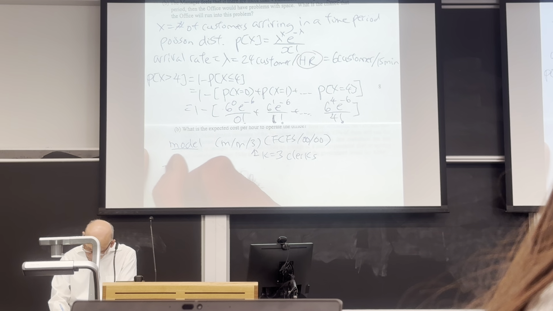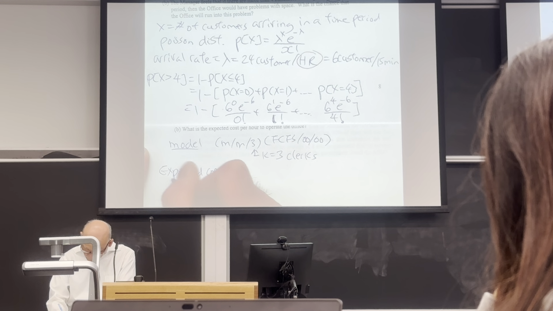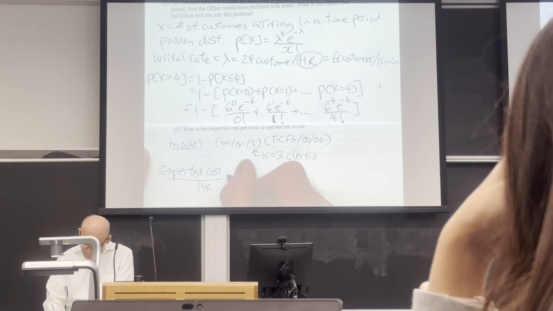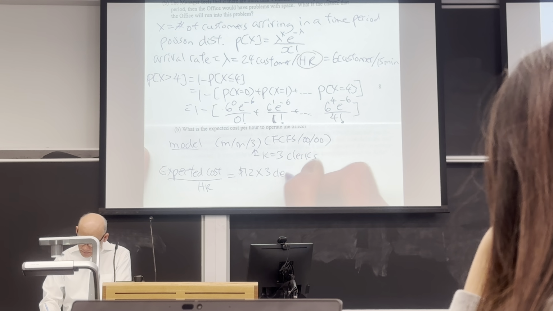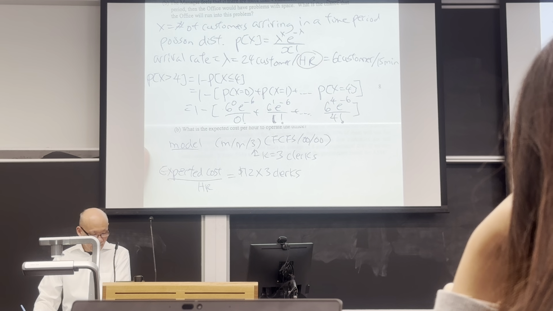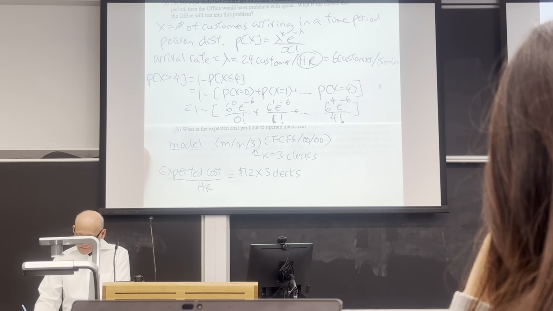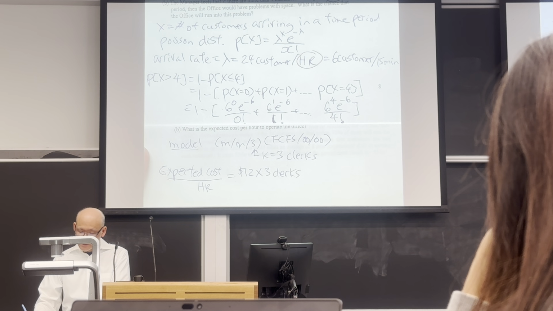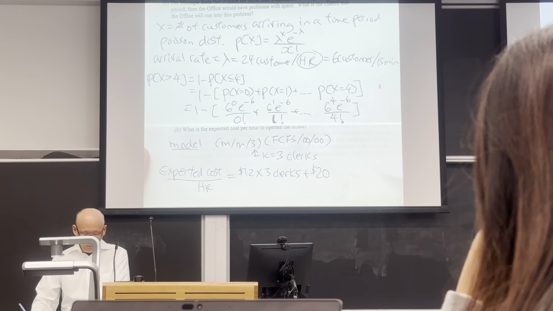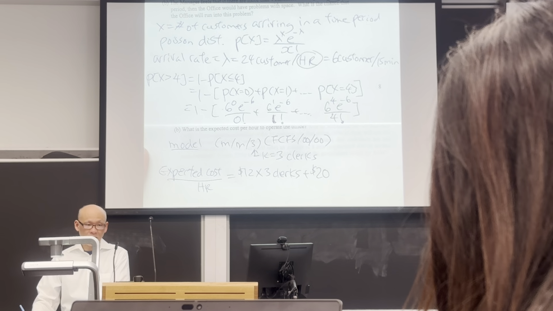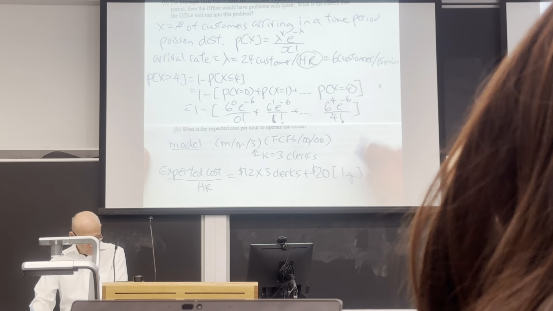The expected cost per hour includes the cost of the clerk, who gets paid $12 an hour, and we multiply by the 3 clerks. Then there's the cost of customer waiting, and the government assesses a wait time cost of $20 for each hour a customer waits in line. So we will add $20 for each customer waiting in line. But how many customers are waiting in line? That is basically just LQ, right?